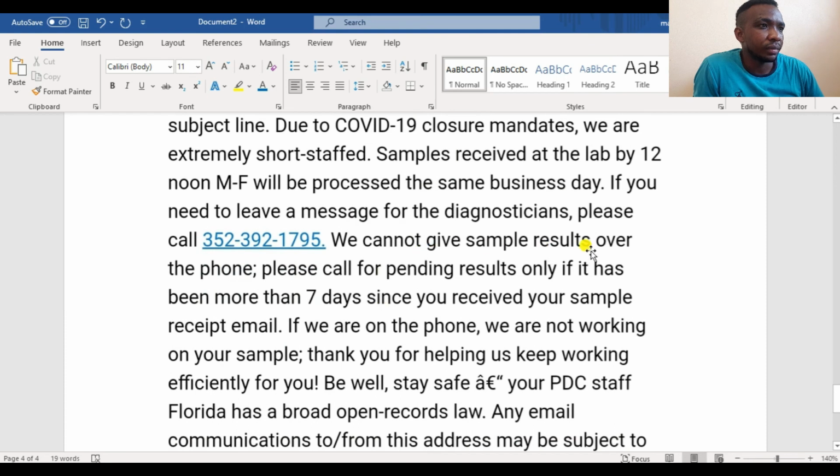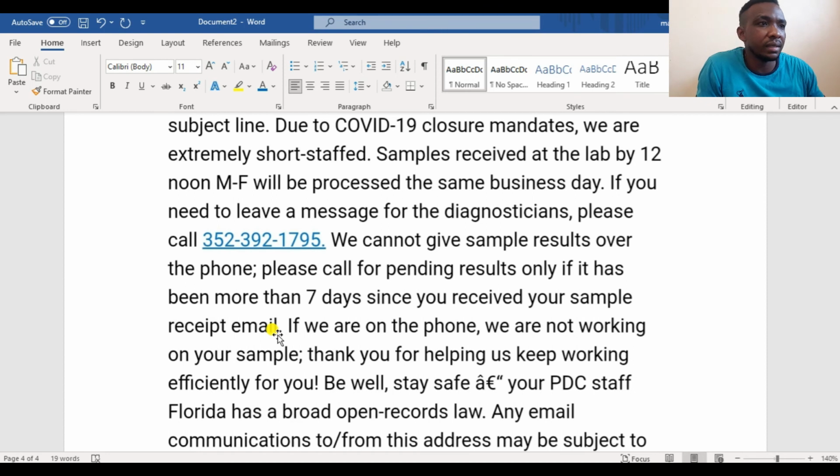But here, we cannot give sample results over the phone. Please call for pending results only if it has been more than 7 days since you received your sample receipt, right? So what they are saying is they basically need 7 days to process the sample, do the testing, and so on, right?